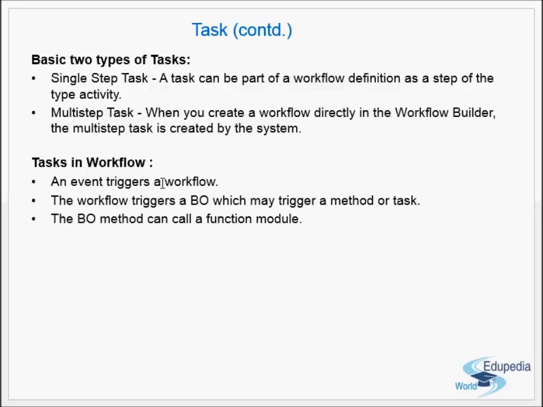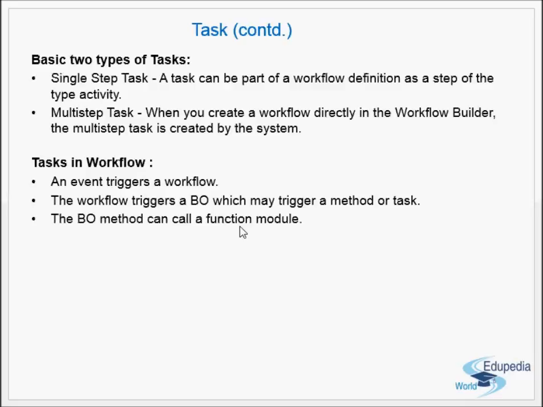Now, the tasks in workflow. An event triggers a workflow. The workflow triggers a BO which may trigger a method or a task. The BO method can call a function module. So the first one is the event triggers a workflow. Workflow is nothing but a result of an event, and the workflow triggers a business object which may trigger a method or a task. The workflow works on some business object, and that business object can call a function module.